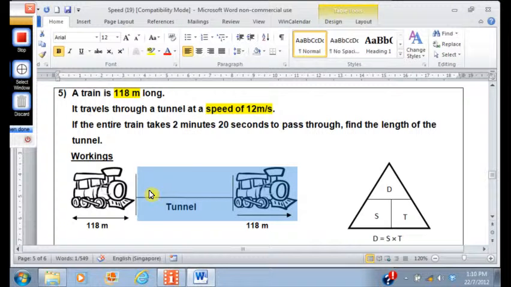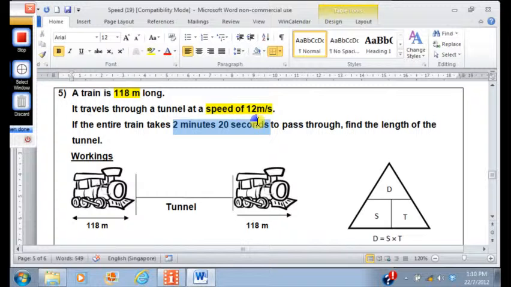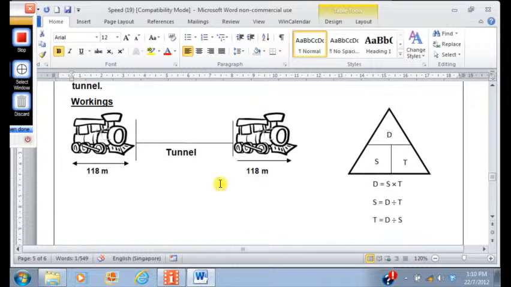Now how long did it take to travel this entire distance? If the entire train takes 2 minutes and 20 seconds to pass through, this is our time. Do you realize that it is in minutes and seconds and our speed is in seconds? So we change the time.